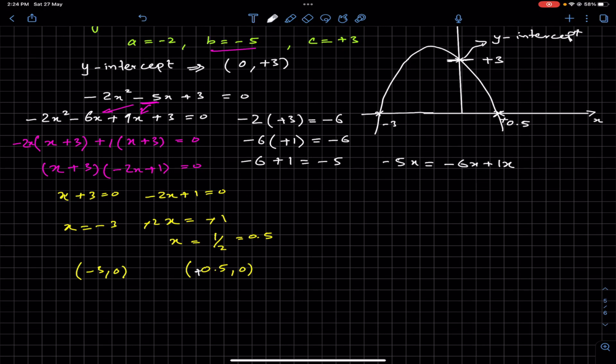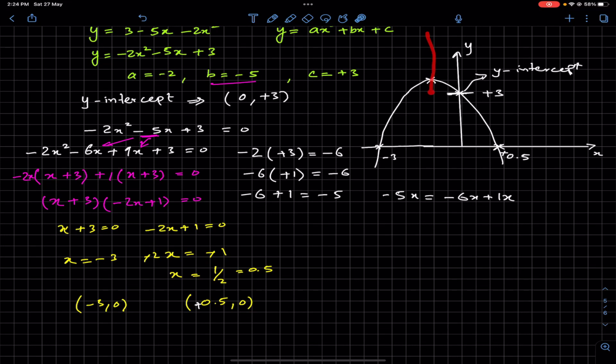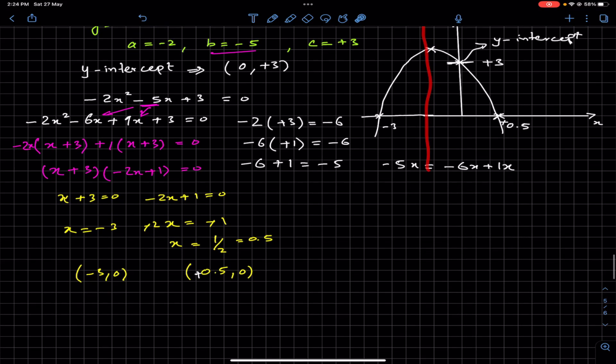And now the next thing that we need to find is the maxima, or we can say the line of symmetry. Since the quadratic function is symmetrical about a particular vertical line, we need to find the equation of that line.